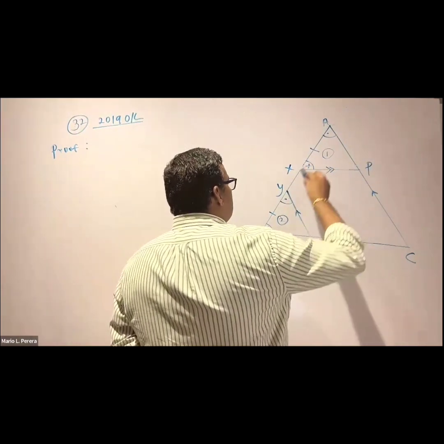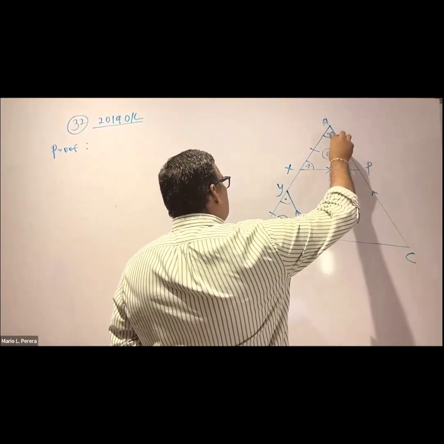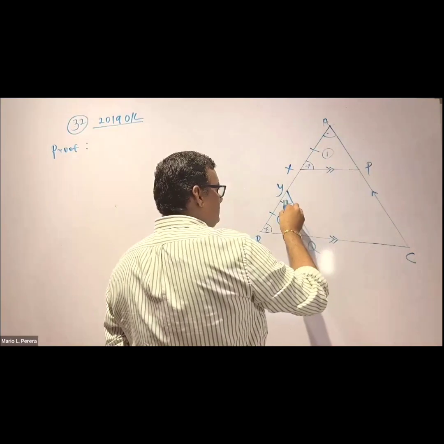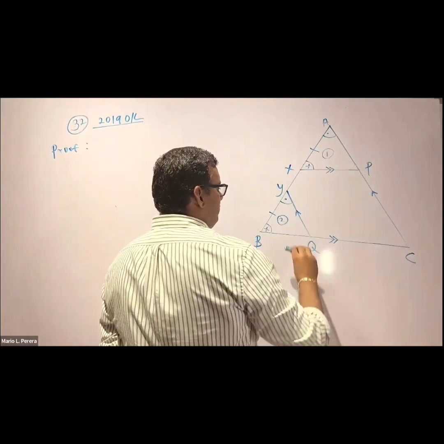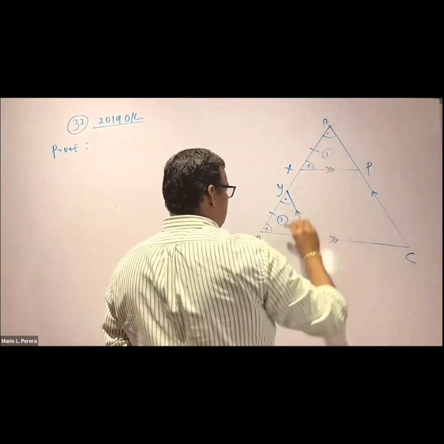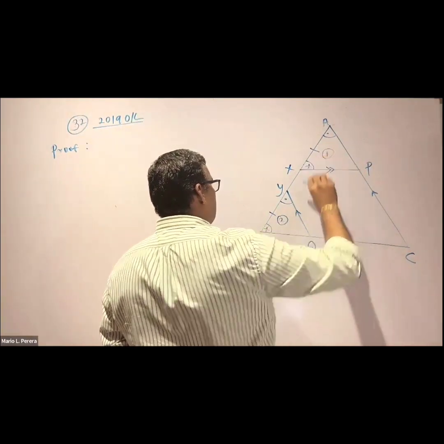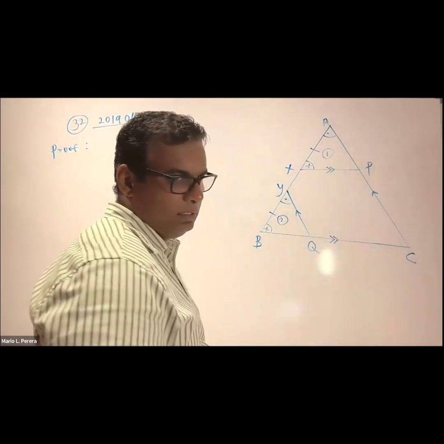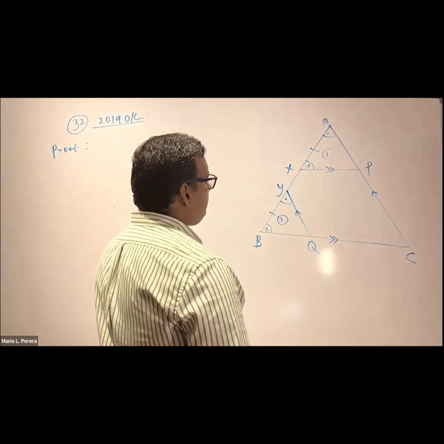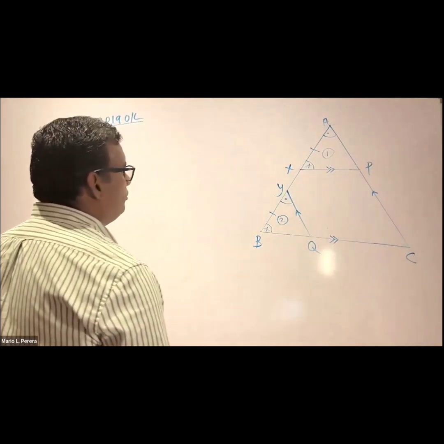Because these two lines are parallel, under this line this angle, under this line this angle are equal. Because these two lines are parallel, over this line this angle, over this line this angle are also equal. Are you clear? Yes, we can go for AAS.